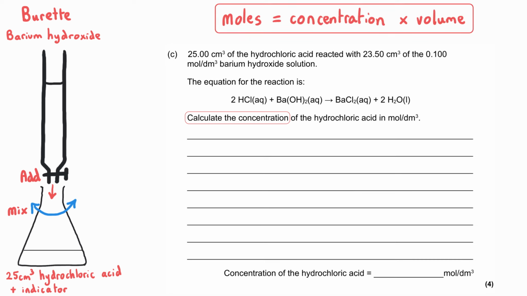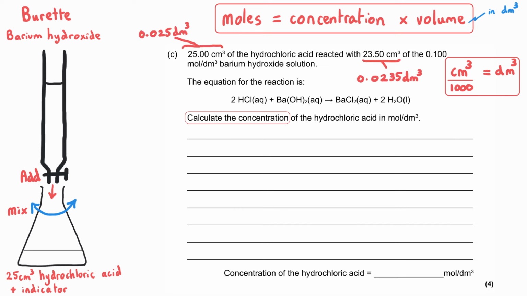When working with solutions in titration analysis like this, we need to always use the relationship moles of solution is equal to concentration multiplied by volume. And those volumes need to be in dm cubed. And so my advice would be, where we've been given volumes in cm cubed, we convert both of them into dm cubed by dividing by 1000.